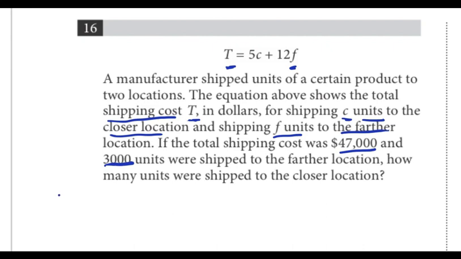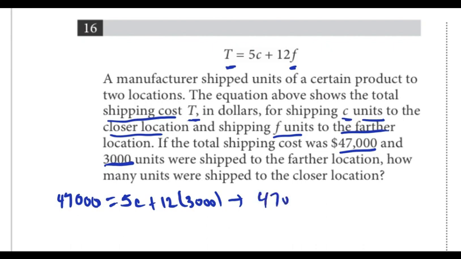Just plug it in and solve. T is 47,000. That's going to equal 5C plus 12 times F, which is 3,000. That's 47,000 equals 5C plus 36,000.